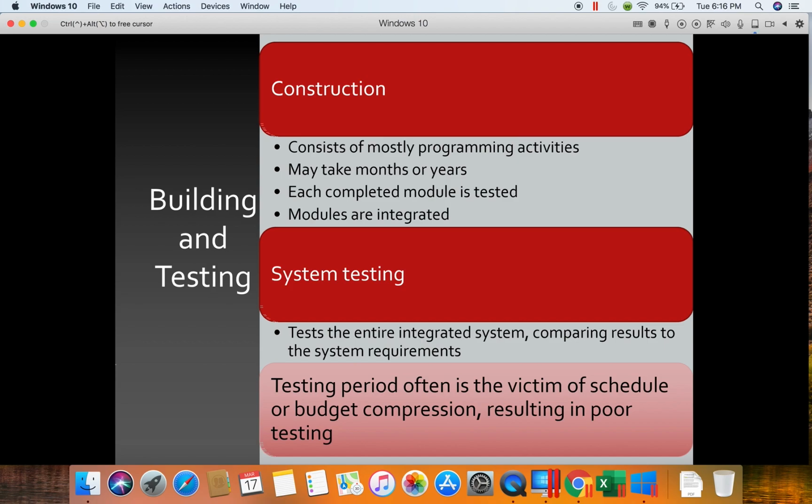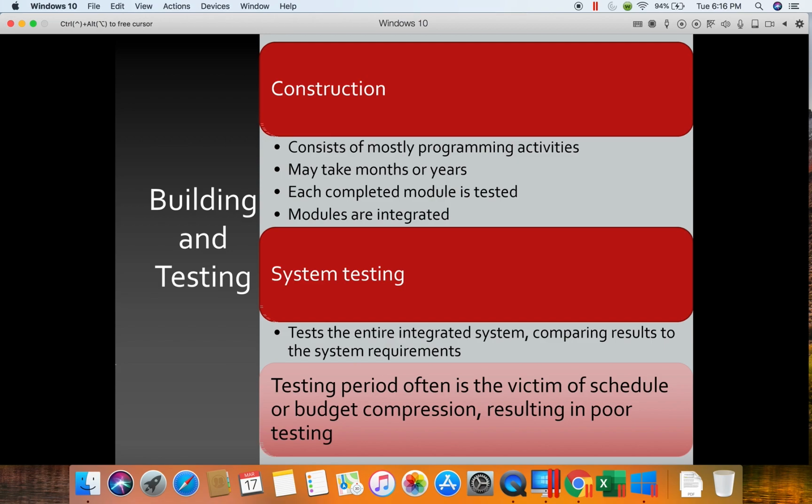Now, probably because this is one of the last steps before we start implementing, sometimes this testing period gets shortened. Maybe they're really anxious to get the new system up and running, and maybe they're over budget and they want to try to compress this process. And so they end up doing a poor job of testing because they cut it short and decide that there's been enough.